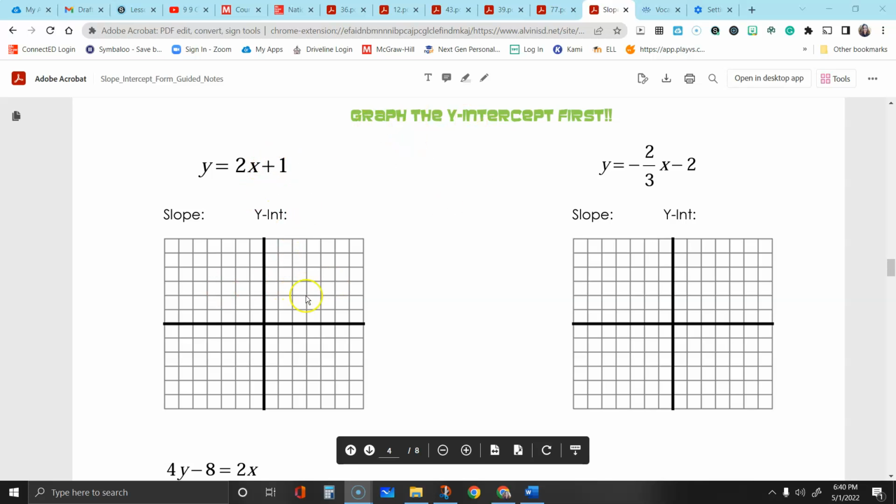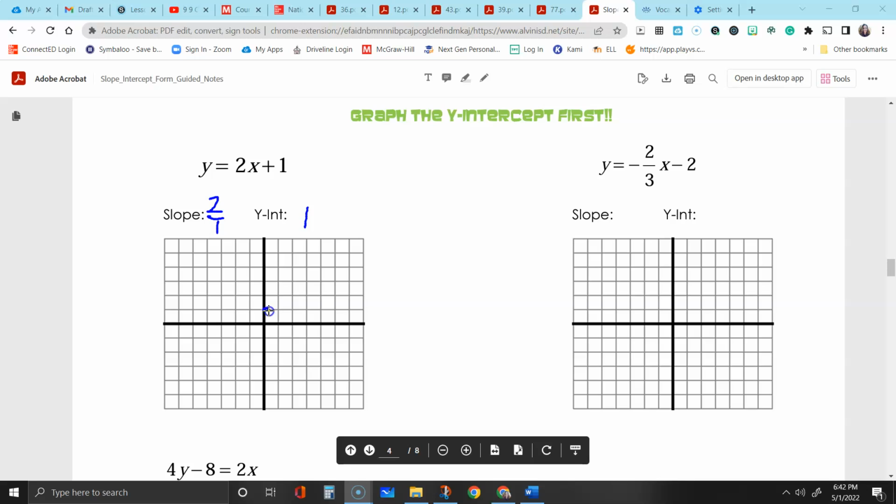So start with your y-intercept first, where it crosses the y. So let's look at our equation. Our slope is 2. Always make it a fraction. You can put it over 1. Your y-intercept is 1. So start at your origin.